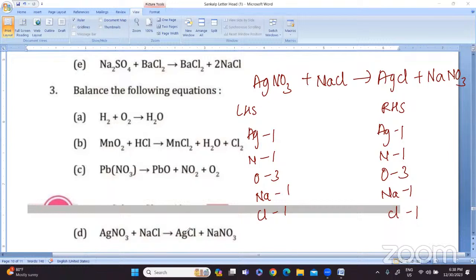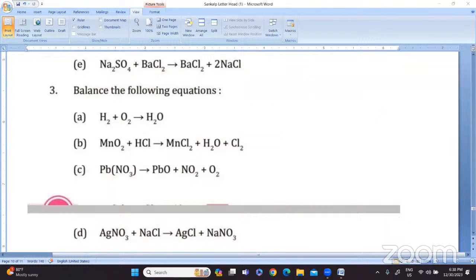So no need to balance it. So this is a balanced reaction. So what you have to mention? You have to mention that it is already a balanced reaction. Okay, the number of atoms on left hand side and right hand side are equal. Okay, so we'll move to the next question.